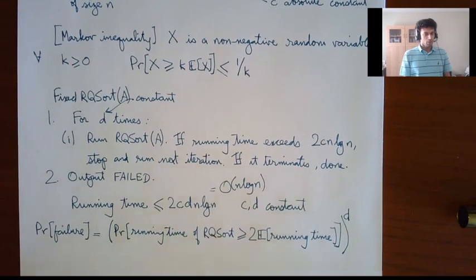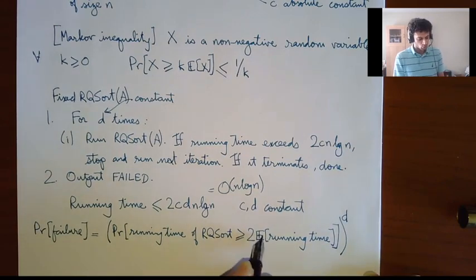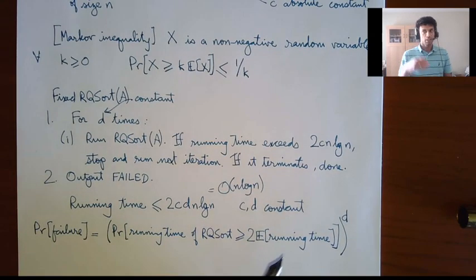This makes sense? So the probability of failure is the probability that the running time of randomized quicksort exceeded twice its expectation d independent times.